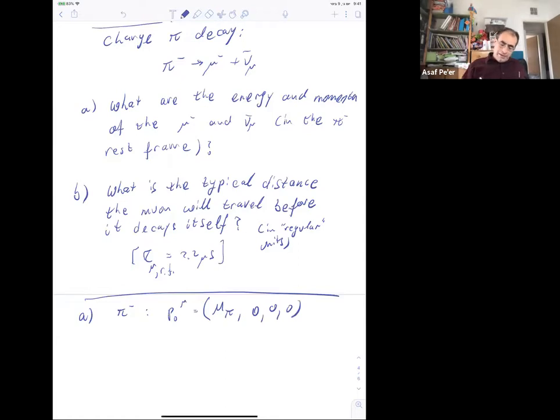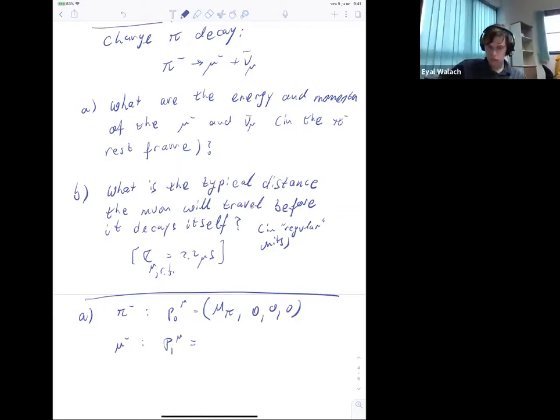What is the four-momentum of the muon? Somebody else? Let's call it P1. Yes.